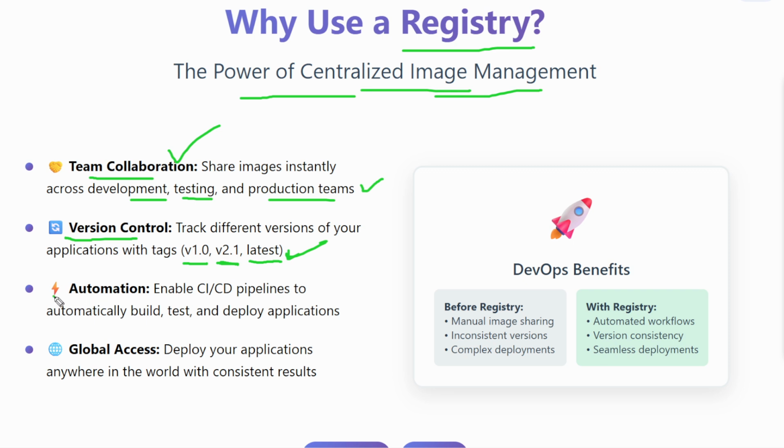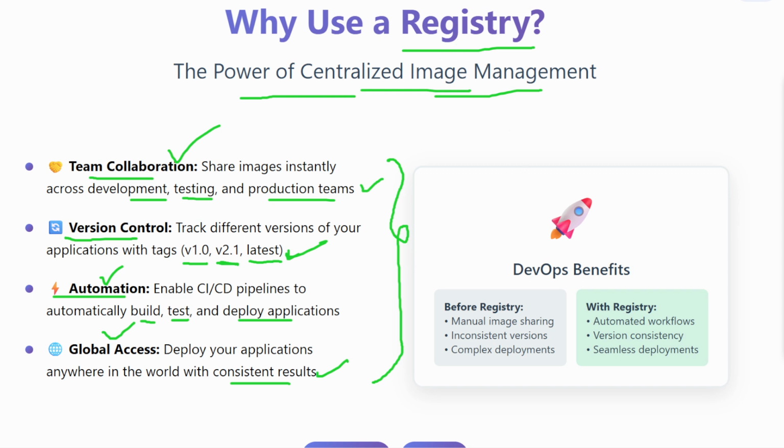Coming to automation, this centralized image management brings automation also, where we can enable CI/CD pipelines to automatically build, test and deploy your applications. And there is global access: anyone from anywhere can access, and you can deploy your application anywhere in the world with consistent results. That is why exactly we need centralized image management, which is a registry.